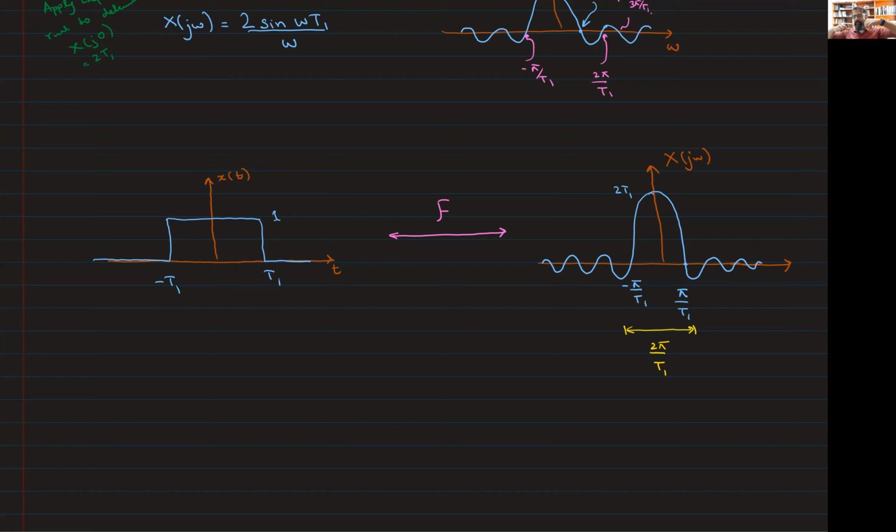So if I increase t1, that's what I asked, right? Okay, good. So as t1 increases, the width of the main lobe, which is 2 pi by t1, decreases.